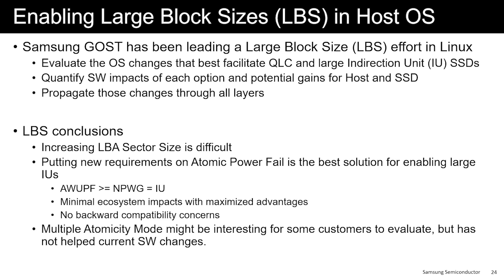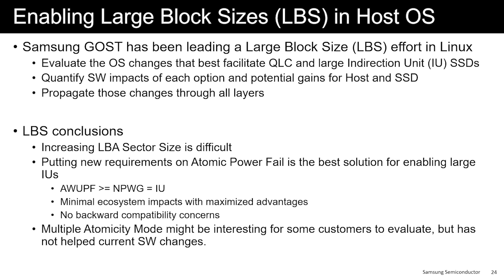And they've been propagating those through all layers. They've found that LBA size, they don't want to change that. It's too difficult. So their focus was to propagate the AWUPF and recommend that we want to have an indirection unit set equal to NPWG as recommended by OCP.